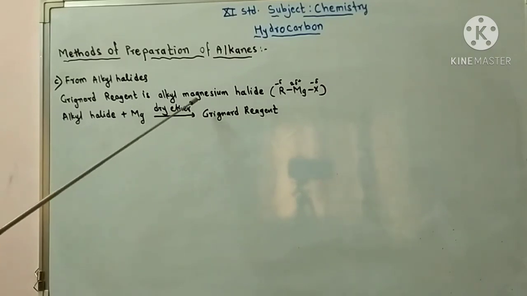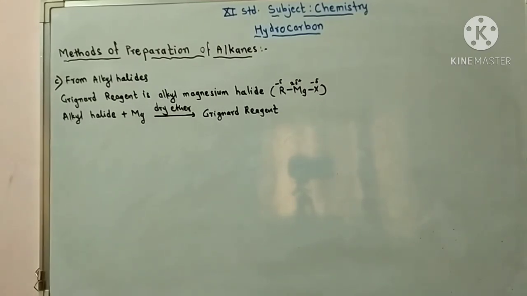RMgX, alkyl magnesium halide, is called Grignard reagent, and this reagent is prepared using alkyl halide and magnesium metal. So Grignard reagent is obtained by reacting alkyl halide with dry magnesium metal in the presence of dry ether.